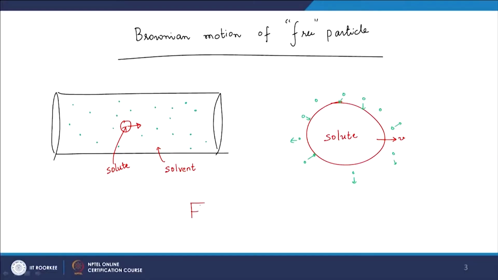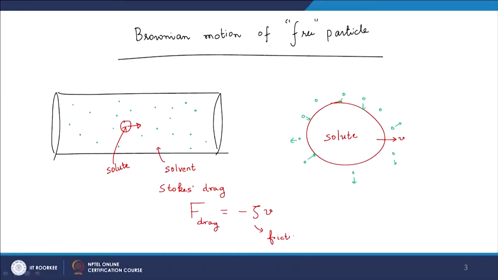We have relations like Stokes' law that tells me that the drag force acting on the solute particle is equal to some constant zeta multiplied by V. This is in the limit of very low flows, and it is referred to as Stokes drag.